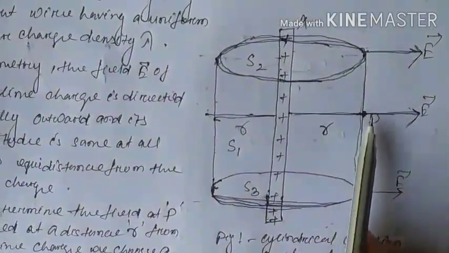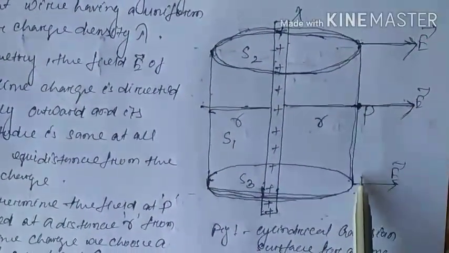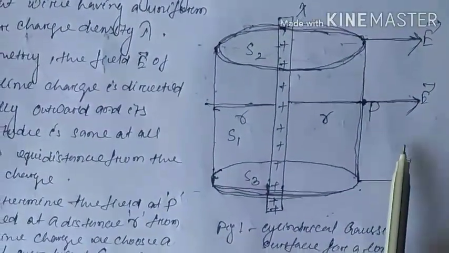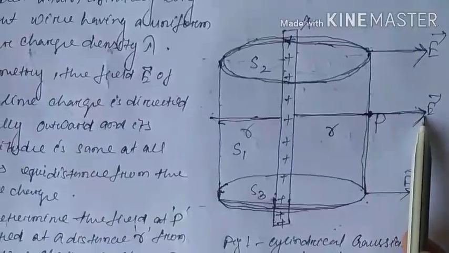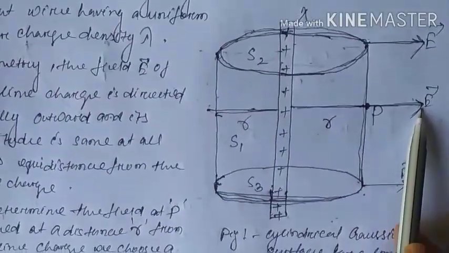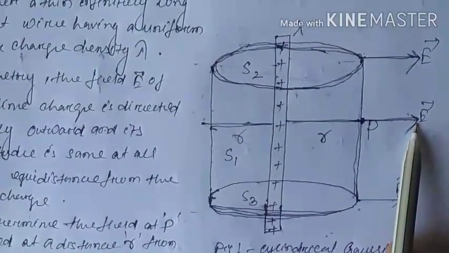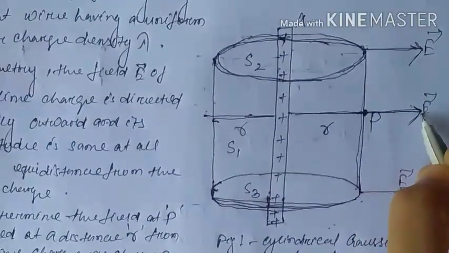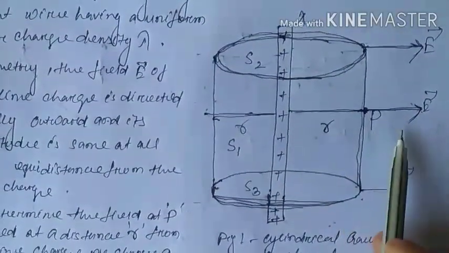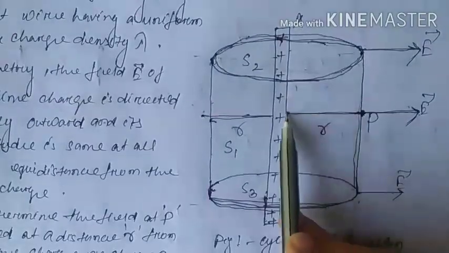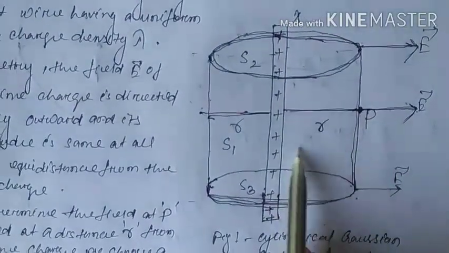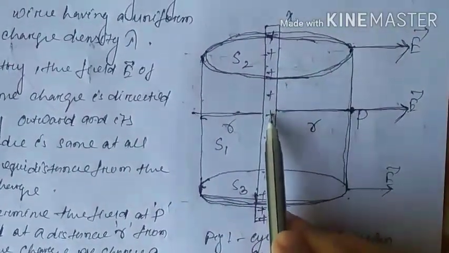As per demonstration, we can represent here the direction of E, and E is normal to the curved surface we observed, and at every point it is normal and its magnitude remains constant because it depends upon R, and all these points are equidistant from this line charge.